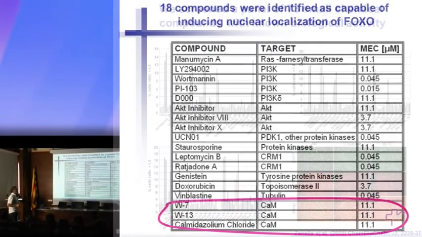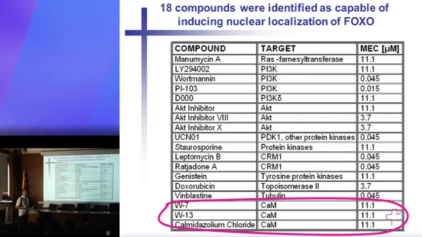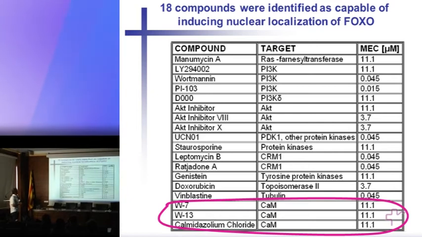And we ended up with 18 active compounds driving Foxo into the nucleus. Some of them old known inhibitors of the PI3 kinase AKT signaling pathway, but also some new compounds, and we were actually surprised that 3 different inhibitors of the calcium binding protein calcium calmodulin drove Foxo into the nucleus.